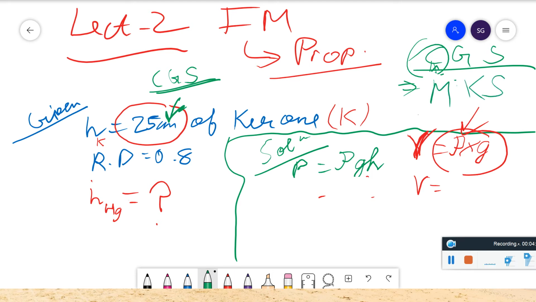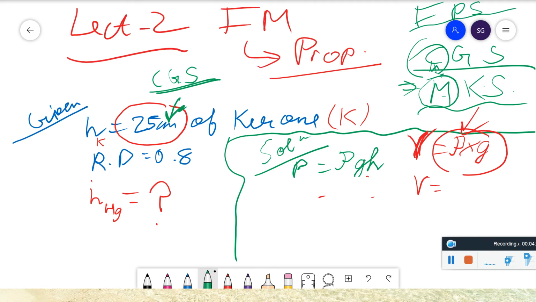SI unit takes all the standards, but here we are mainly concerned with meter, kilogram, and seconds. In other countries this FPS concept comes into play. I will just tell you that if FPS is also there, then there is no need to worry.